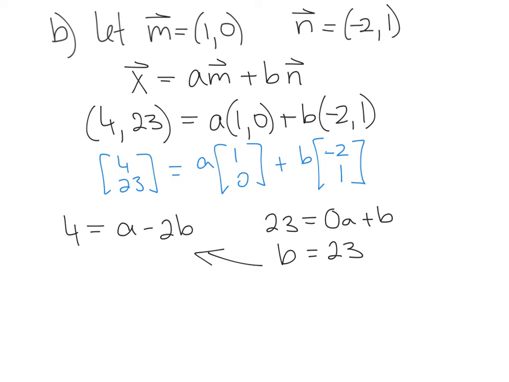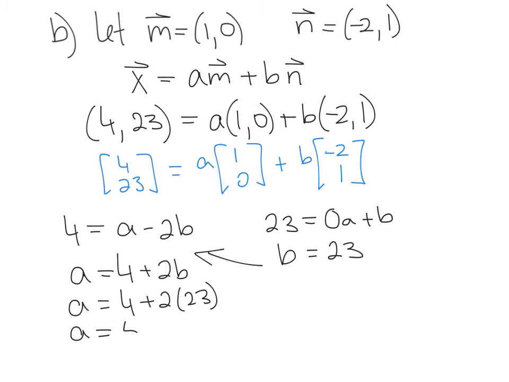So now a is equal to 4 plus 2b, which is going to be 4 plus 2 times 23. And so a is equal to 50. So b is equal to 23, a is equal to 50.